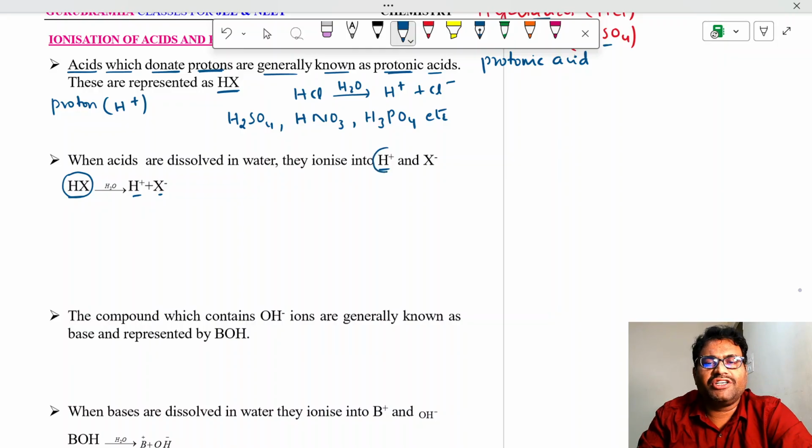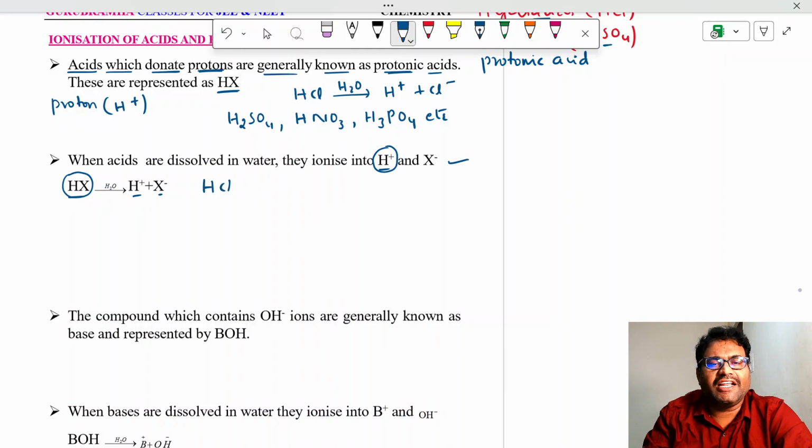They ionize into H plus and X minus. For example, HCl in water releases H plus and Cl minus. In the same way, HBr in water releases H plus and Br minus.